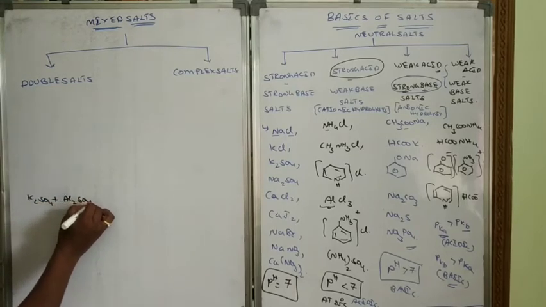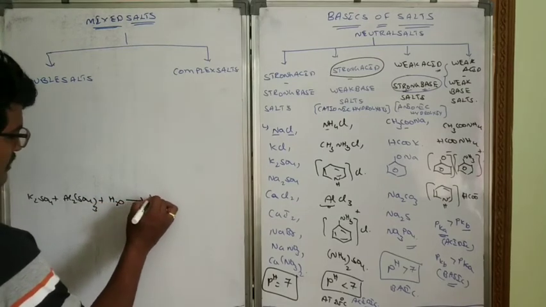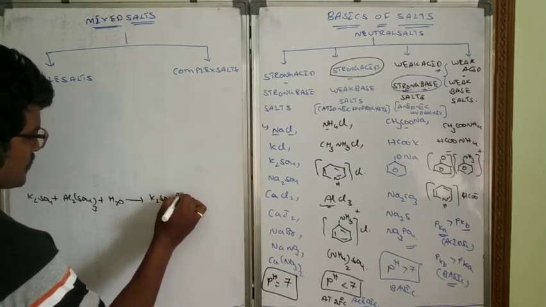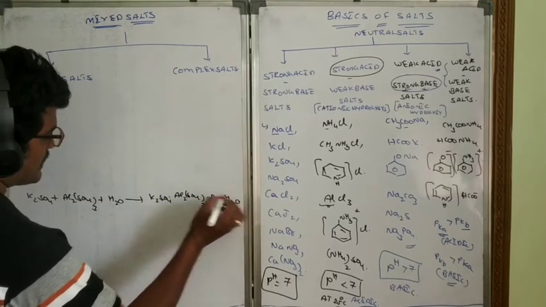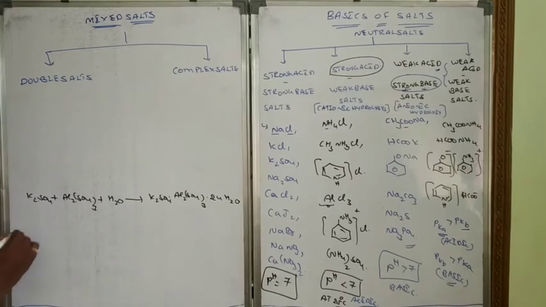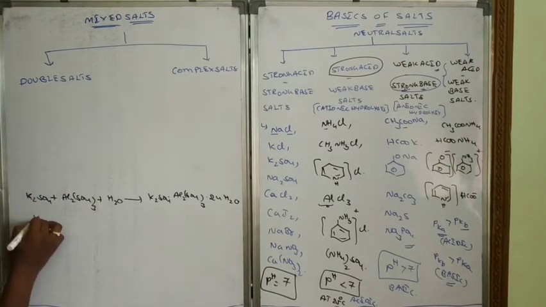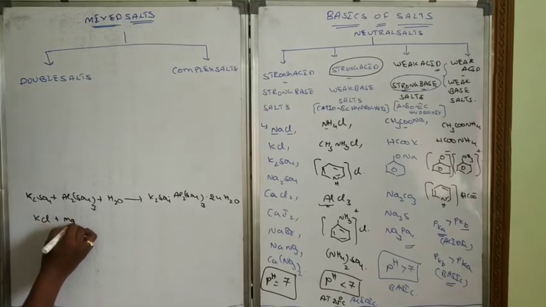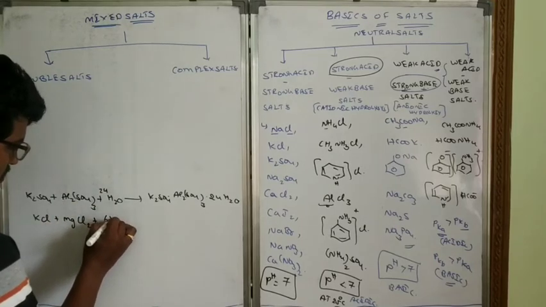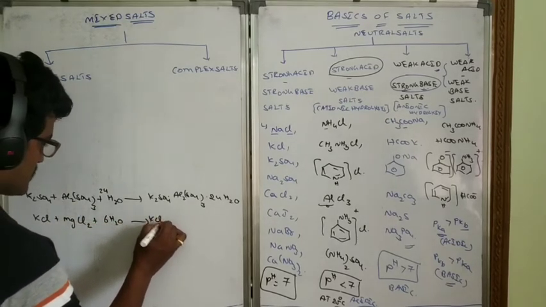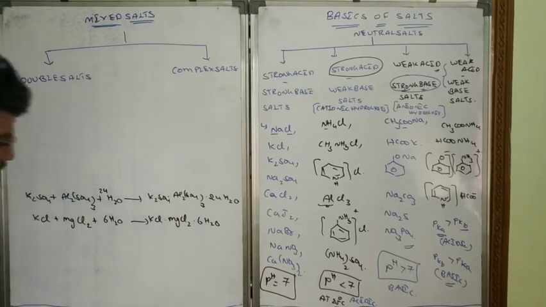K2SO4 plus Al2(SO4)3 plus water will give you K2SO4·Al2(SO4)3·24H2O. KCl plus MgCl2 plus 6H2O gives KCl·MgCl2·6H2O.